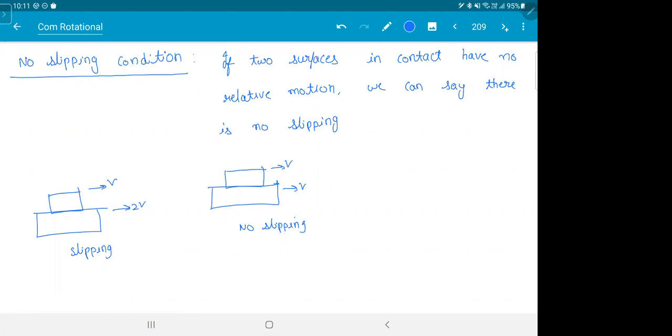The body can be moving, but the relative velocity should be zero. This is important: relative velocity at the point of contact. Wherever they are touching, the relative velocity at that point should be zero. Put it down. So this is the no slipping condition.